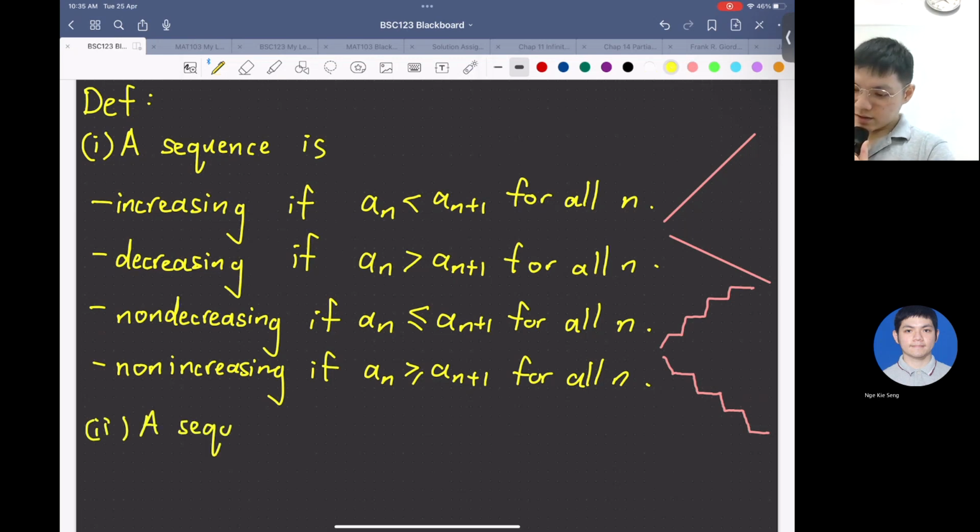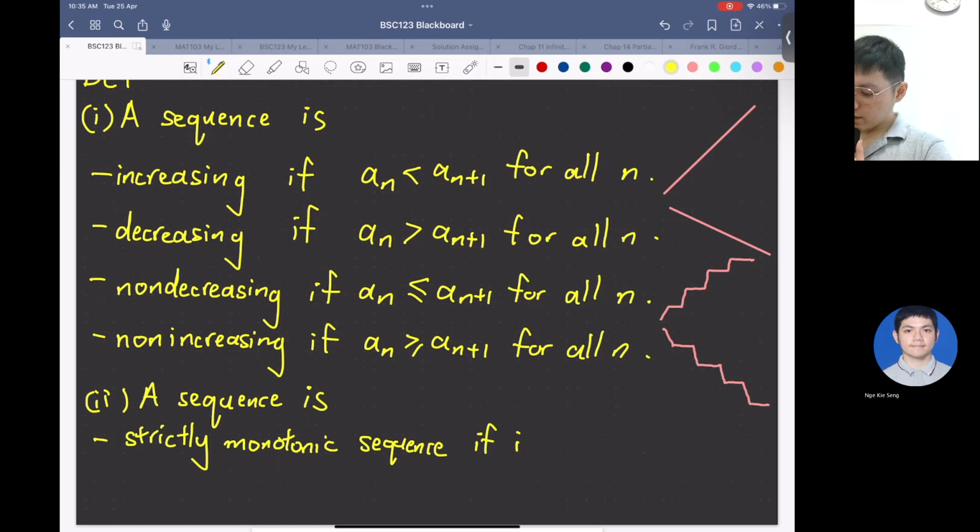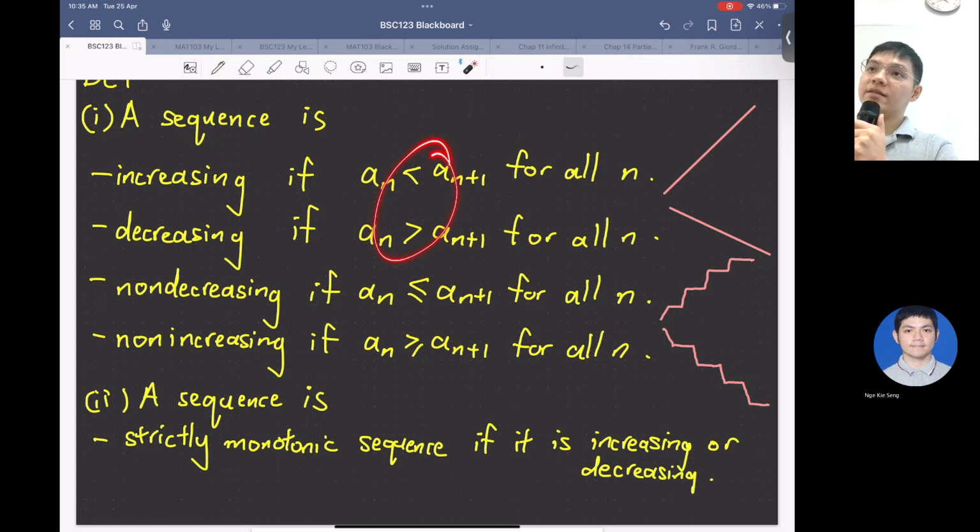Next, a sequence is strictly monotonic if it is increasing or decreasing. The word strictly here refers to the strict inequalities.